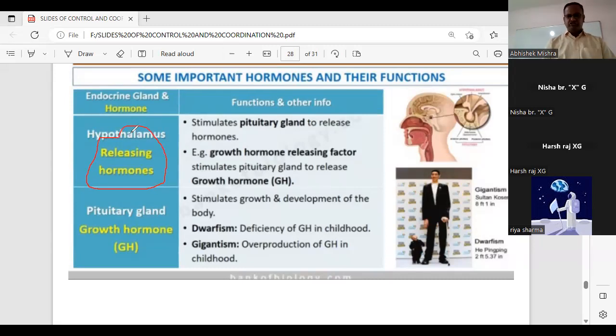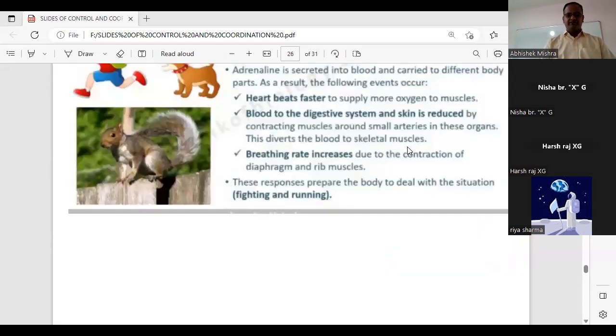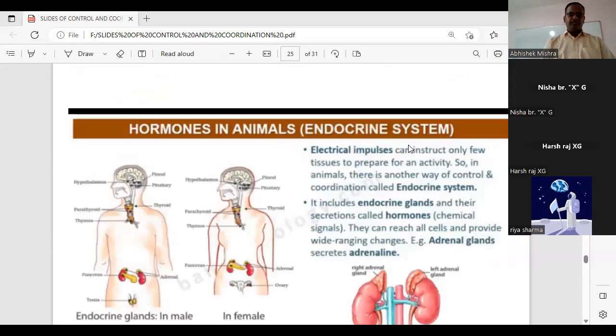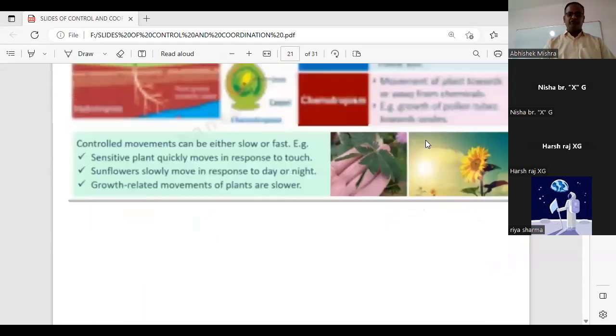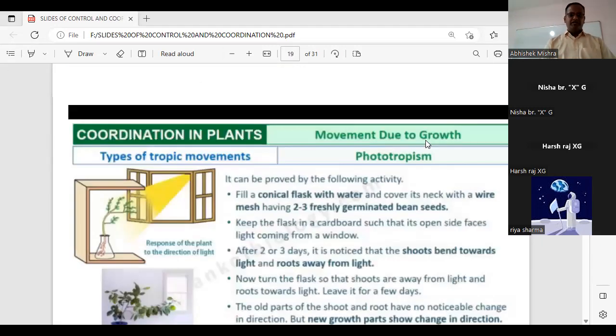Let me show you once again. Let us go back to the structure of the human brain, so that I can show you that image, the exact location of the hypothalamus and the pituitary gland. From that figure also, you can recall.